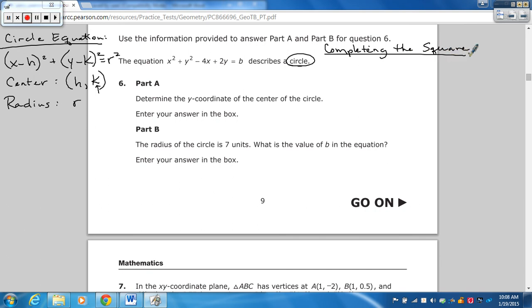Okay. So as we take a look here, I'm going to go ahead and write down x squared minus 4x and I'm going to leave a blank, plus y squared plus 2y, I'm going to leave a blank, is equal to b. Okay? Now the reason I'm leaving the blanks there is because we have to figure out what goes inside of those blanks when we don't have that third term.